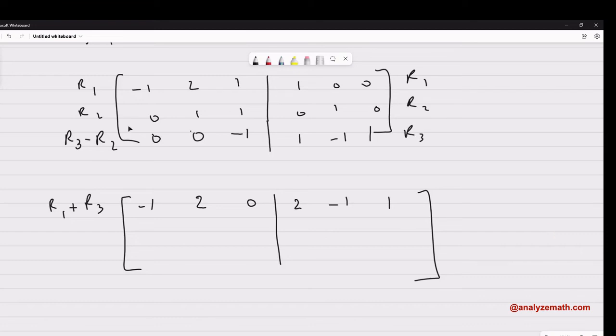Now the second row: we need 0 here, so we add R2 plus R3. 0 plus 0, 1 plus 0, 1 plus -1 gives 0, then 0 plus 1, 1 plus -1, and 0 plus 1, giving me 1, 0, 1. The third row is unchanged for now.